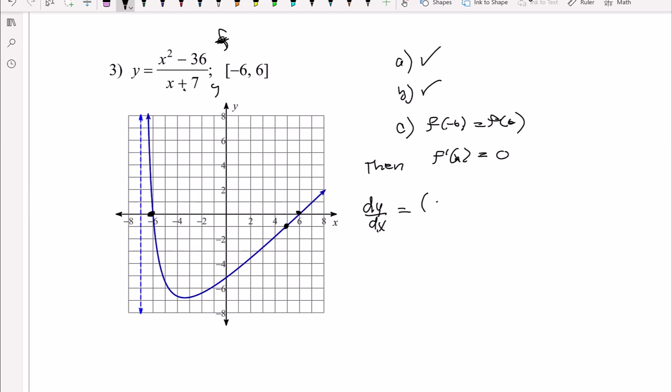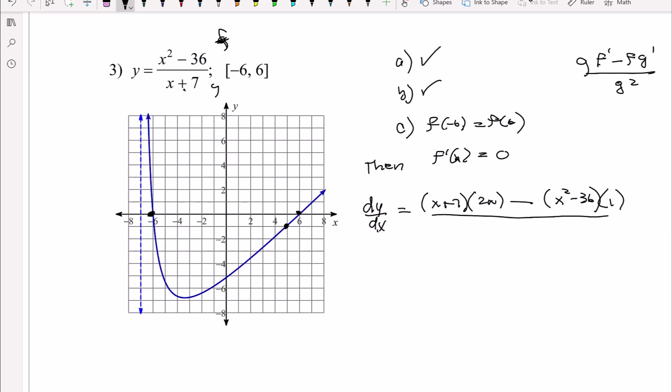So it's g times the derivative of f, where the derivative of x squared subtract 36 is 2x, subtract f times the derivative of g, which is just 1, all over g squared.